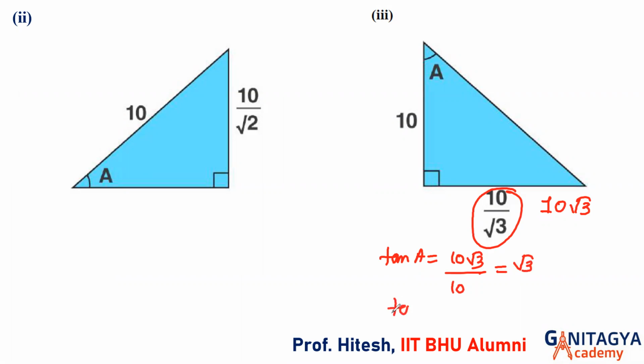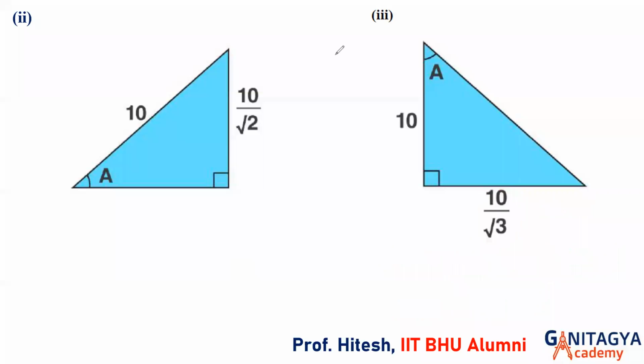That time tan 60 equals root 3. So we will say A is equal to 60 degree. Write it down. Let me clear this much. Okay, next question.